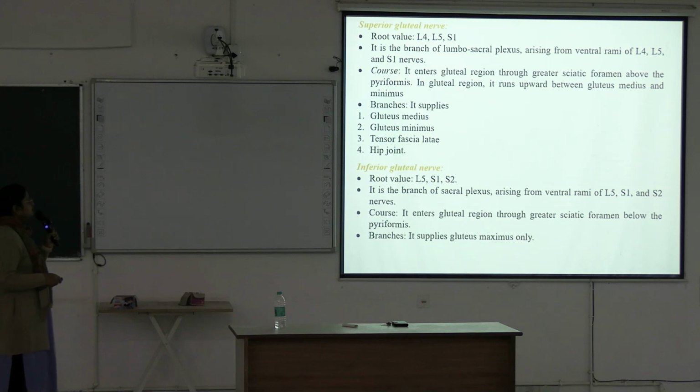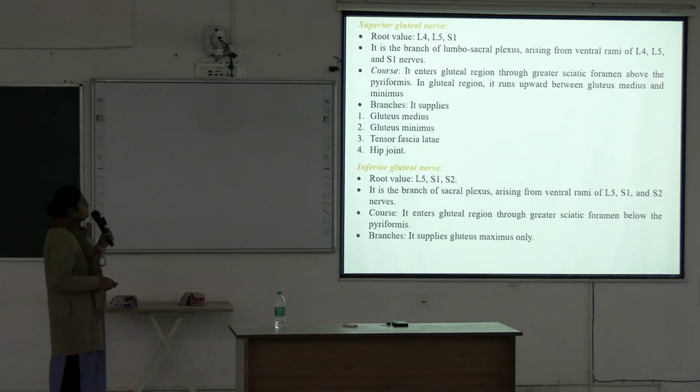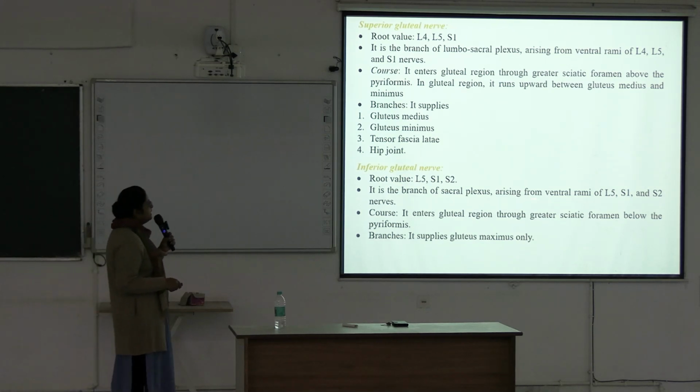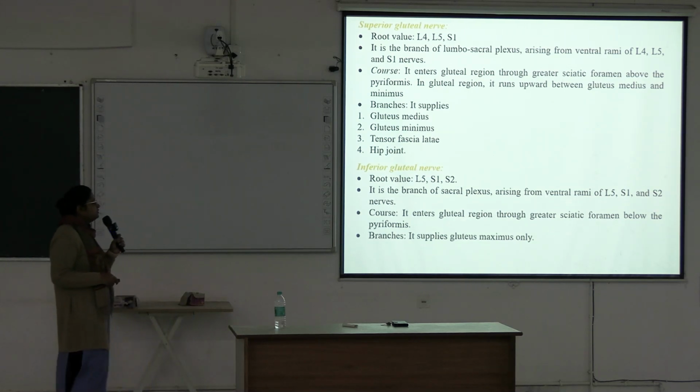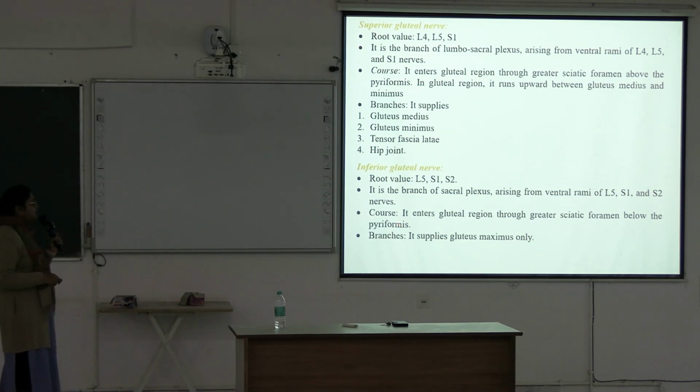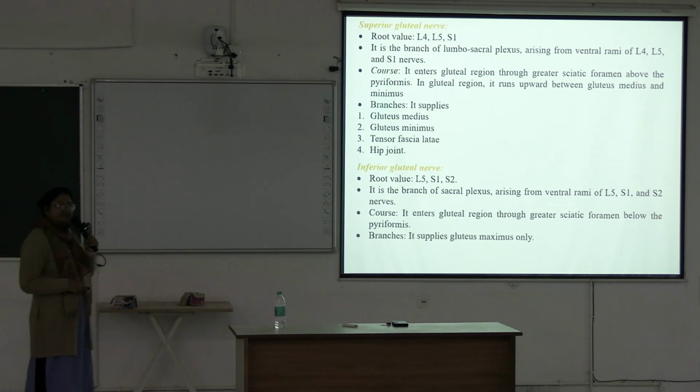And inferior gluteal nerve, root value L5, S1, S2, branch of sacral plexus, arising from ventral rami of L5, S1, S2, enters gluteal region through greater sciatic foramen below piriformis and supplies maximus only.